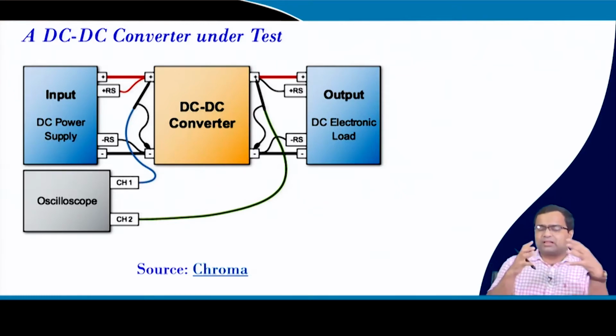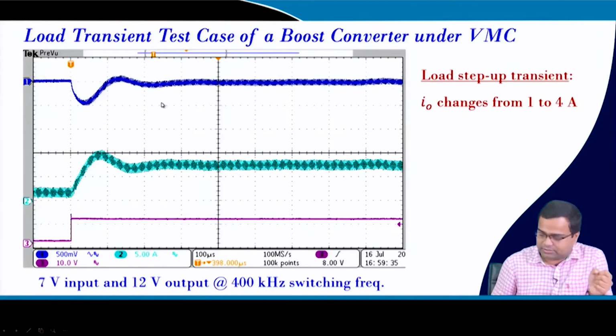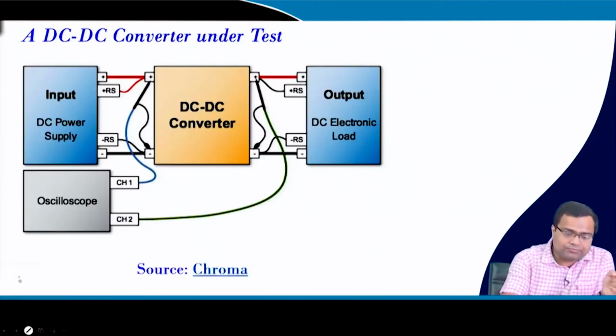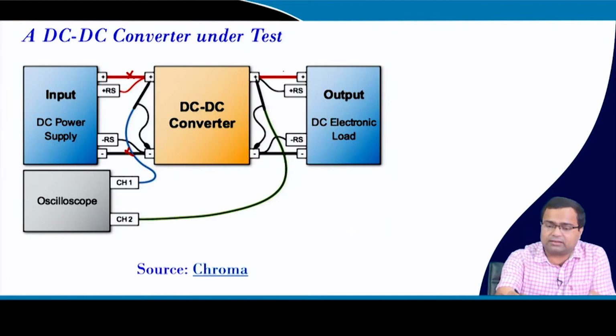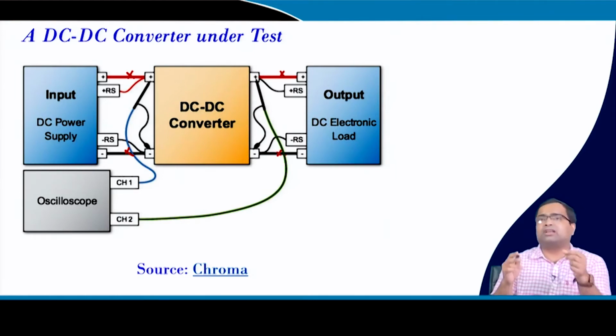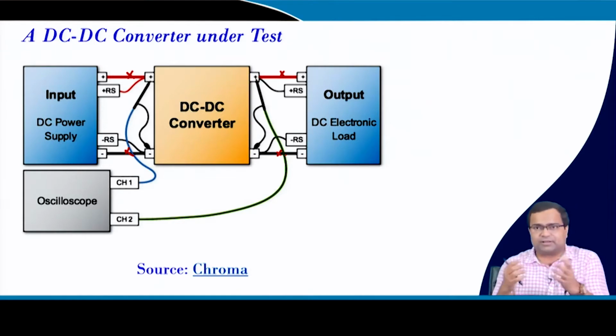So, the objective here is that we will have a DC-DC converter, which will connect to an input terminal, that means a supply, and will connect to either an electronic load or a resistive load. In an electronic load it is very hard to do transient testing, particularly for low voltage high current, because the slew rate may not be fast enough.